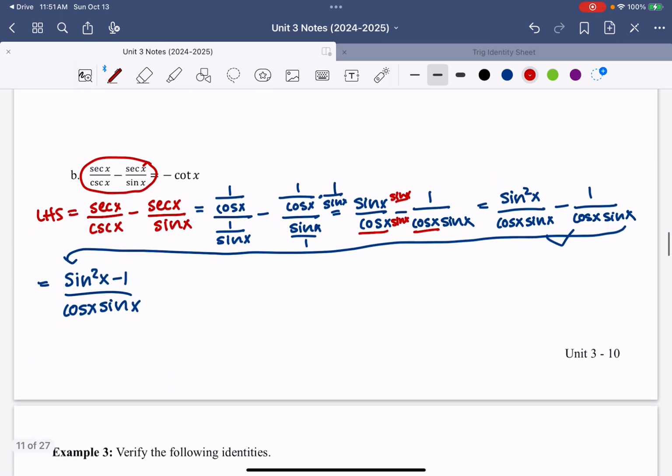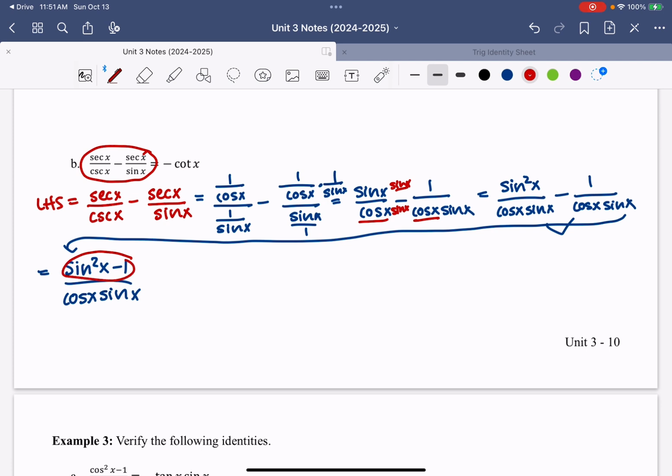So I'm going to replace this with a negative cosine squared x over cosine x sine x. Okay, good news for us. I see that we have some factors of cosine x. Since in my denominator my cosine x and sine x are held together by multiplication, I know that I can reduce by a cosine x.